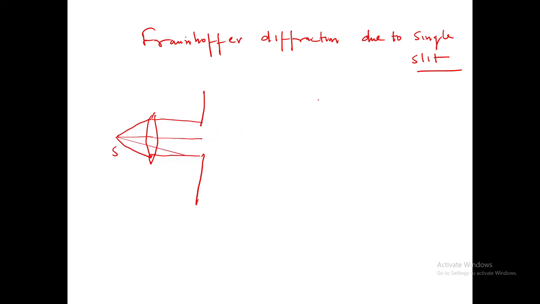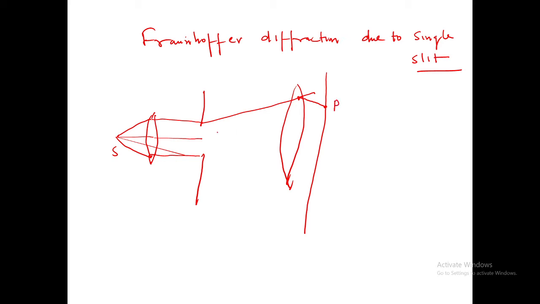But here, what is happening? This is a screen and a ray is going in this way, and here we have put a convex lens. So after refraction through this lens, this ray approaches this point.